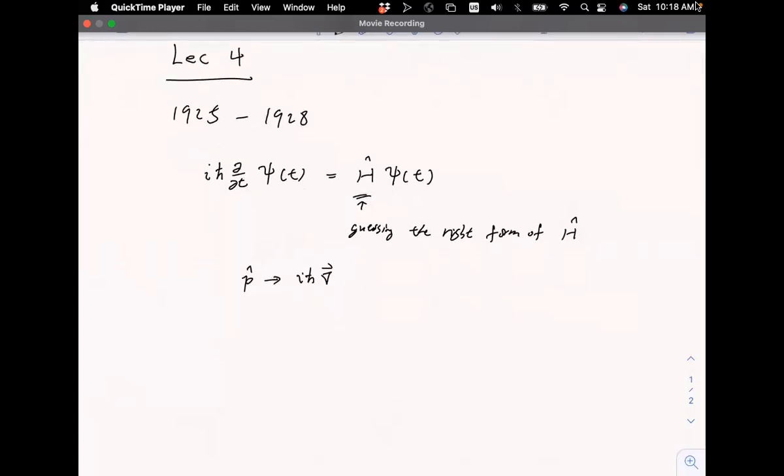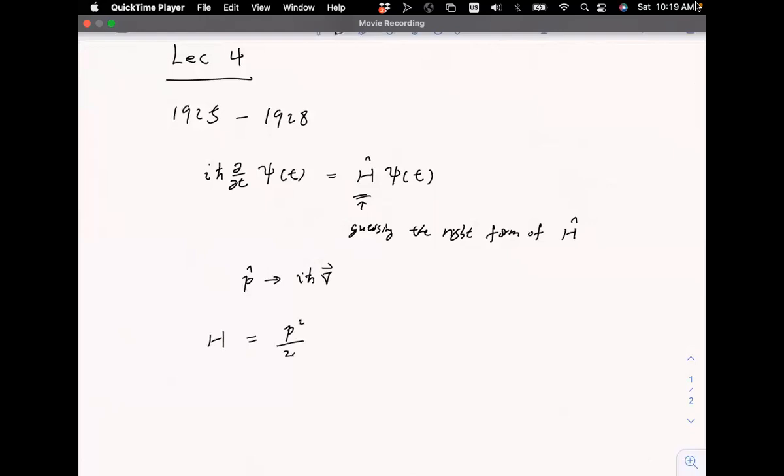So in the simple case, the classical Hamiltonian, because at that time classical mechanics had developed already, so you should start with something that you know, right? So let's go to the classical Hamiltonian. The classical Hamiltonian usually is pretty simple.